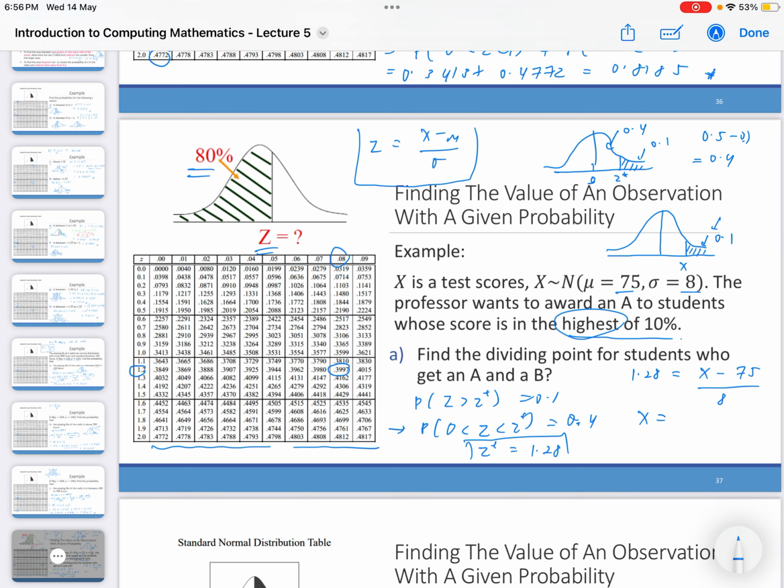So we find X equals 85.24. So that means over here is 85.24. So the students who get greater than 85.24 will get an A, and the students less than 85.24 will get other grades. Okay?